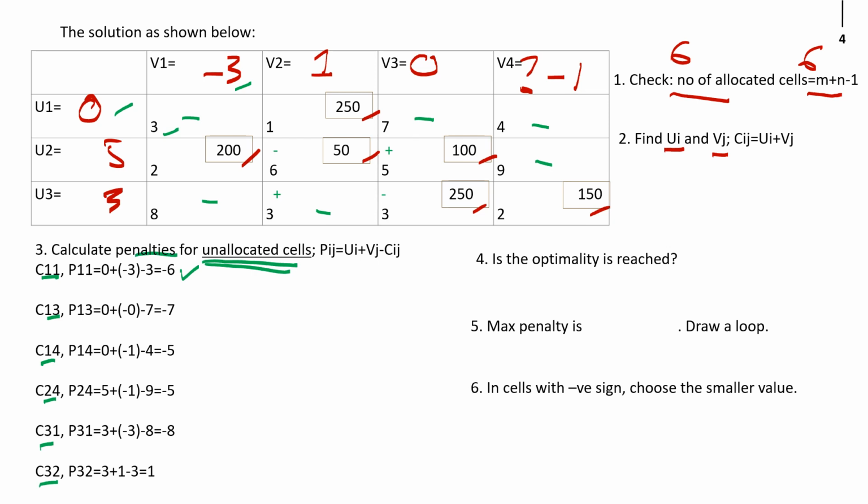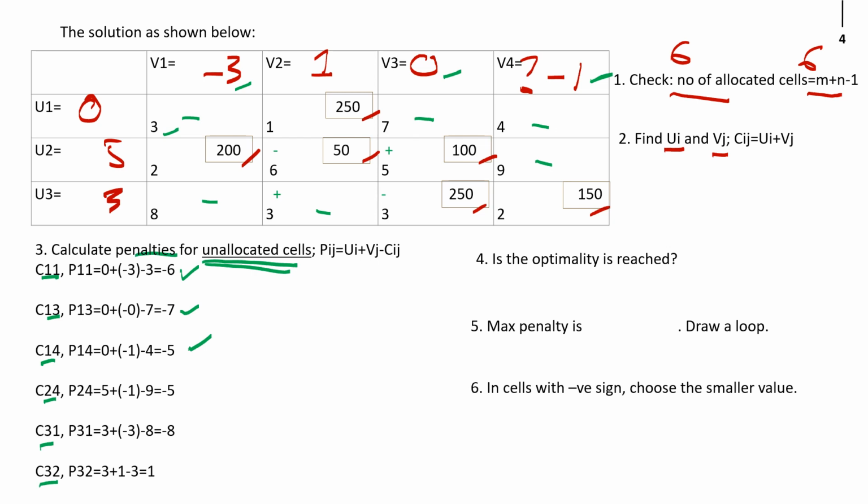Okay, for C13, 0 plus 0 minus 7 is negative 7. And C14, 0 plus negative 1 minus 4, I have negative 5.